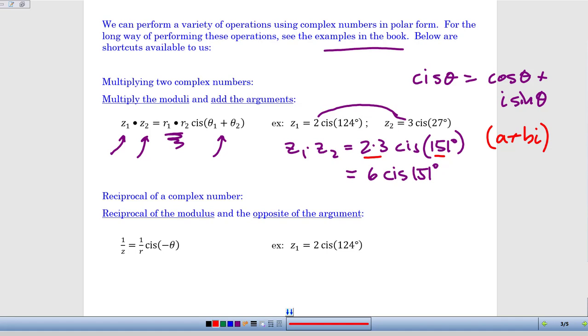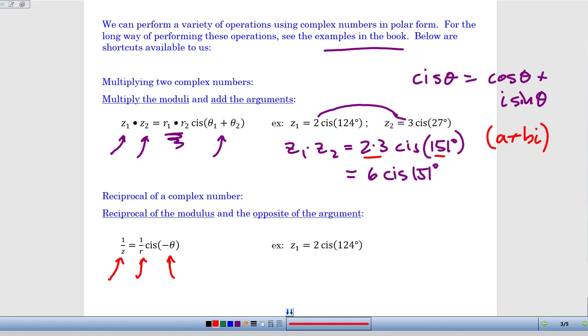If we're trying to find the reciprocal of a complex number, so if I have some complex number and I want to find its reciprocal, you can see the approach there is I'm just going to take the reciprocal of whatever the r value is, the modulus, and then just change the angle, the argument, to its opposite. So that just becomes negative.